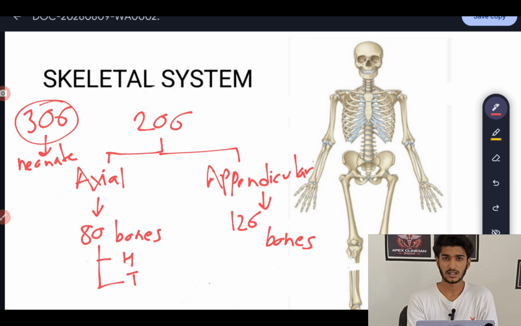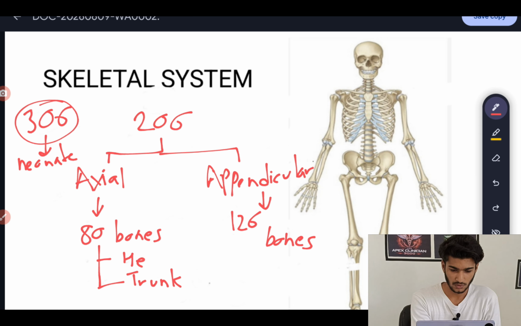In the head, the skull consists of two types of bones. First is the cranium bones, second is the facial bones.